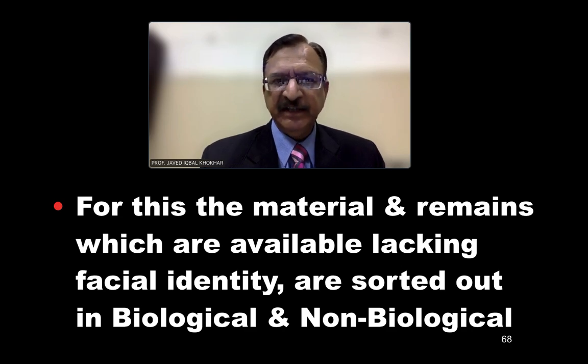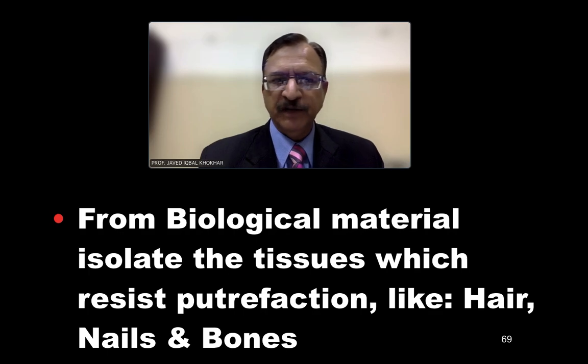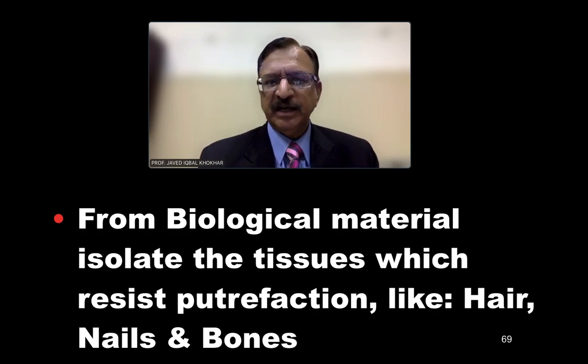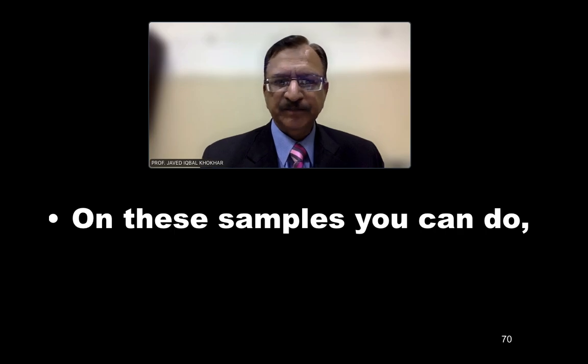The material can be biological and non-biological of that particular mutilated, fragmented or decomposed body. And biological material is isolated; it can be tissue or fluid, like hair, nail, bones, and they help us in identity.